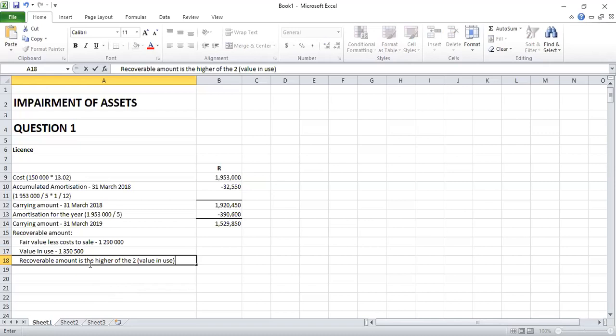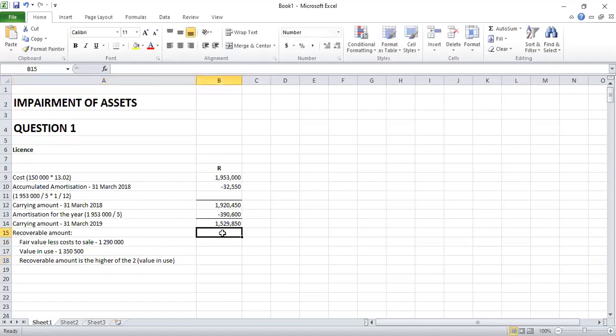So when you are looking for the amount to use as your recoverable amount, you compare your value in use and your fair value less cost to sell. The higher of the two will be your recoverable amount. So that means our recoverable amount here is 1,350,500. Right.